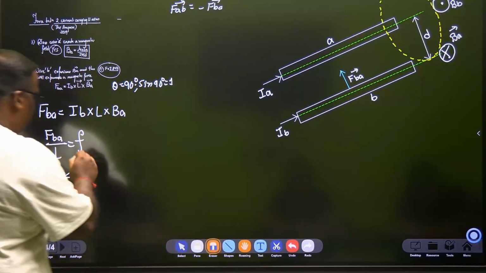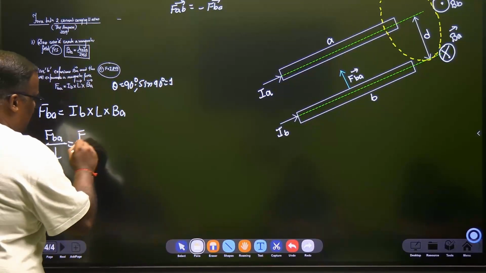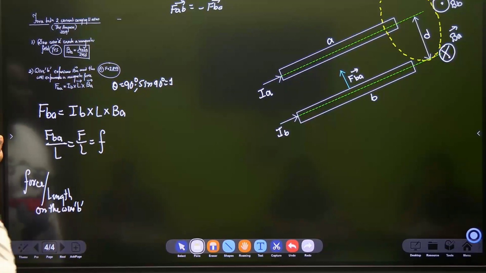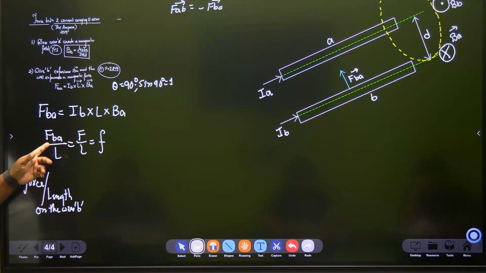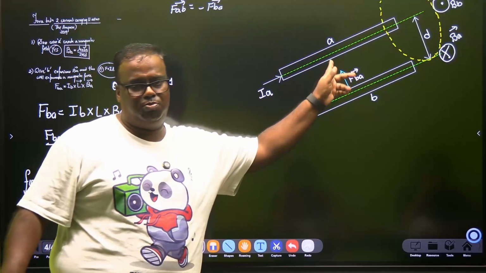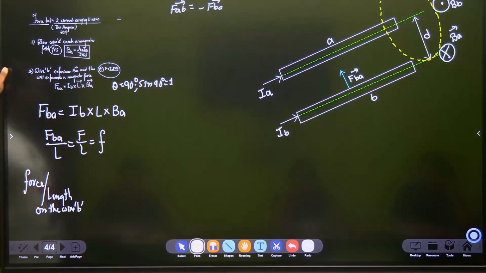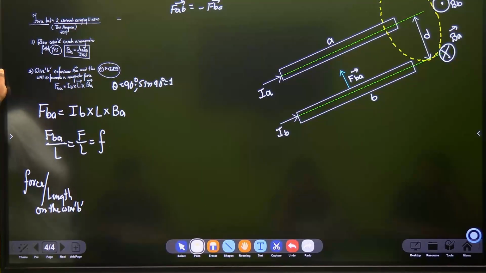So the better way to write it would be like this. This is the same as F upon L, which is F. Did you understand this? While we are doing our problem with FBA, FAB is also the same. So ultimately it's a force on a conductor, whether you are considering from this point of view or this point of view. Clear? And that F by L is a small f force, which is force per unit length. That is what we want to find out.